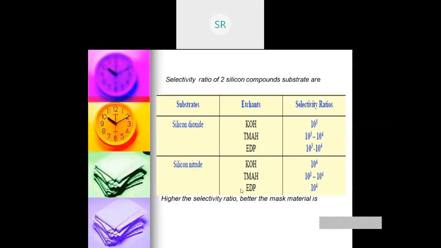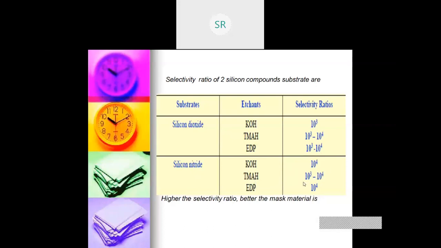From this, I get the selectivity ratio of silicon dioxide with KOH as 10 to the power 3. Similarly, silicon dioxide with TMAH is 10 to the power 3 to 10 to the power 4. Silicon nitride with KOH is 10 to the power 4, and with TMAH 10 to the power 3 to 10 to the power 4.